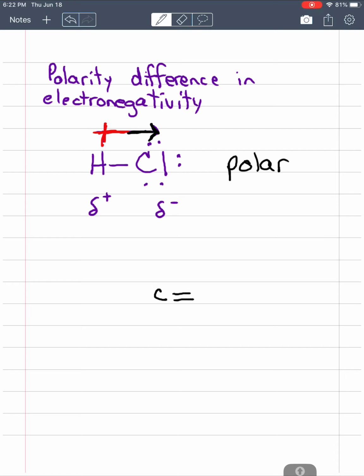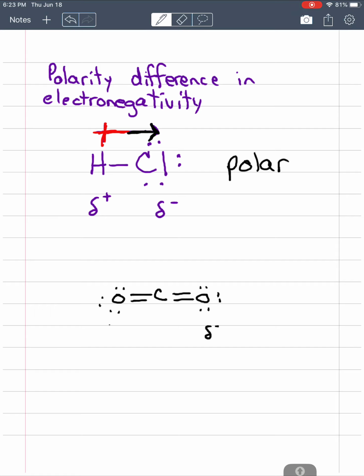Let's take a look at this structure. If you look at the place where oxygen is and carbon is, you kind of get the sense that it's a polar bond, or you could take the electronegativities and subtract them, and that falls into polar covalent for carbon to oxygen.